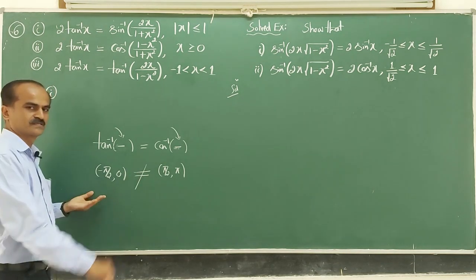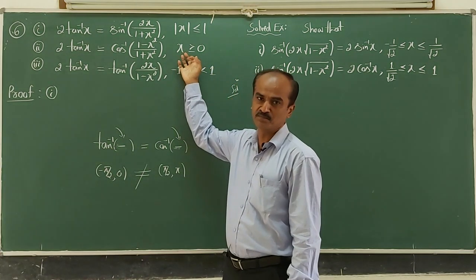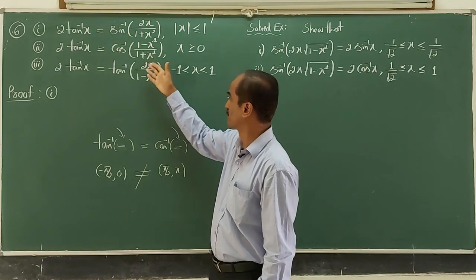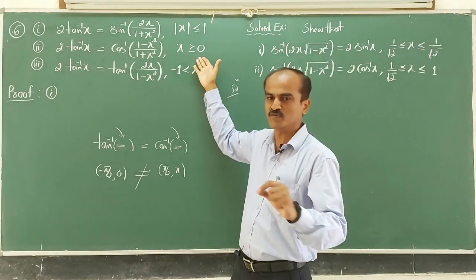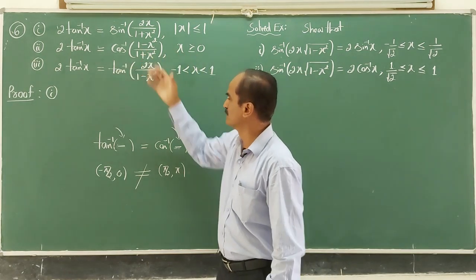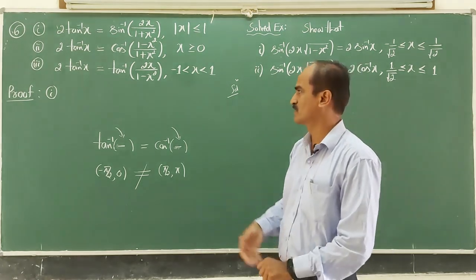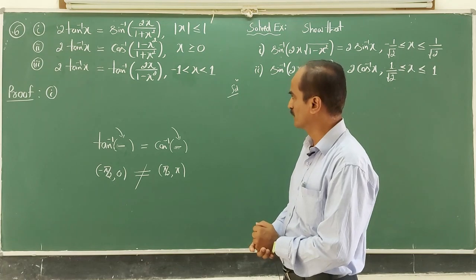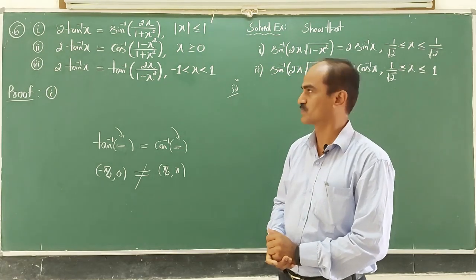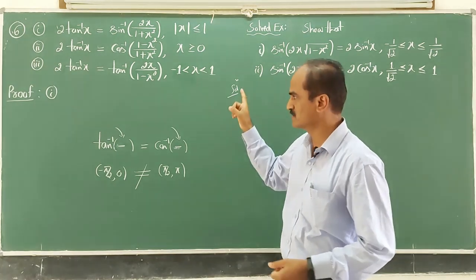No chance. That is why the values of x mentioned here play a very important role. So this result can be applied only for positive real numbers; even when x equals 0 it is true. That is, 2 tan inverse x equals cos inverse of (1 minus x square) by (1 plus x square), and finally 2 tan inverse x is tan inverse of 2x divided by (1 minus x square), whenever x lies in the interval minus 1 to 1, that is the open interval.